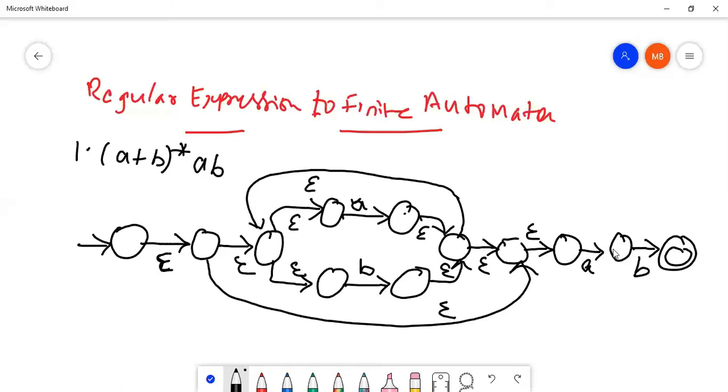But I have reduced one epsilon. Doesn't matter, ab is accepted. Even here, instead of this epsilon transition we can start from here itself, or you can give this epsilon transition to this state as well. Anyhow, numbering states is optional. You can number them or you can skip it. This is for a plus b whole star followed by ab.